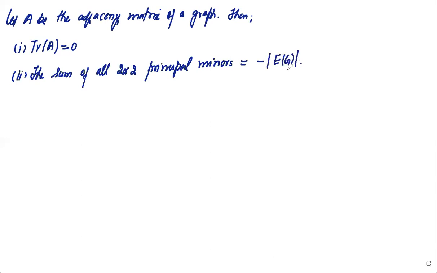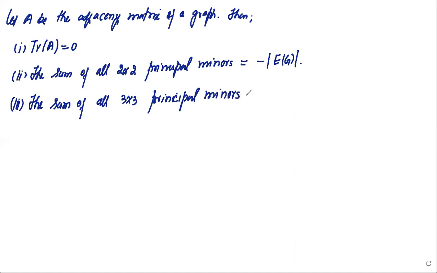So it is minus times the cardinality of the edge set, minus times the size of G. Now, the third observation was the sum of all 3 cross 3 principal minors. This was twice the number of triangles in G.